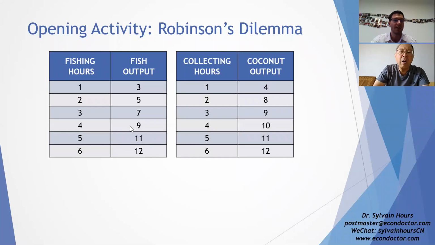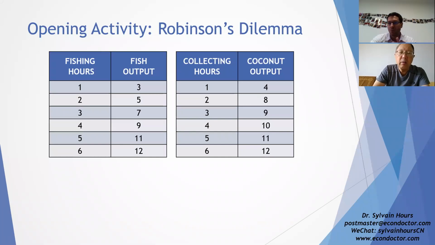So for example, if Robinson allocates 3 hours of his time to catch fish, he can catch 7 fishes. If Robinson allocates 5 hours of his time to collect coconuts, he will be able to collect 11 coconuts. So these are the 2 production functions that we will use to construct Robinson's production possibility curve.